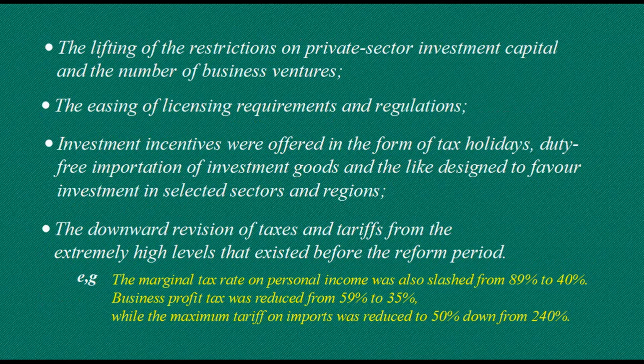The marginal tax rate on personal income was slashed from 89% to 40%. Business profit tax was reduced from 59% to 35%, while the maximum tariff on imports was reduced to 50%, down from 240%. These are highly encouraging measures for private sector involvement in various economic activities. And these are the measures taken by the government in the reform in 1992.